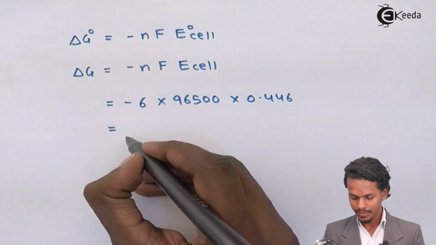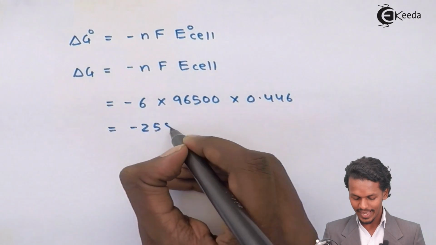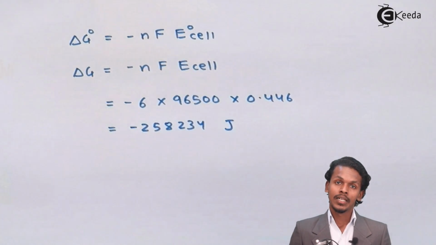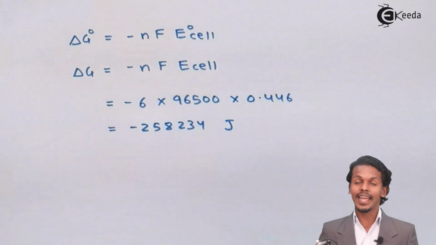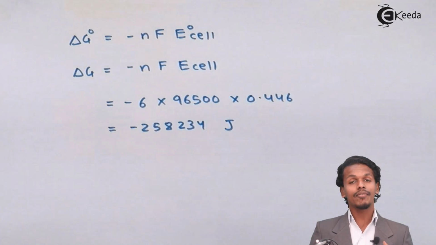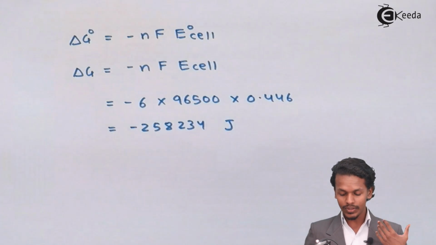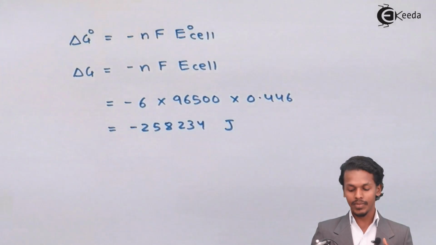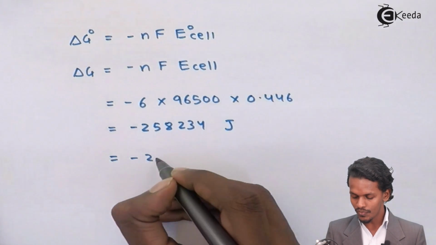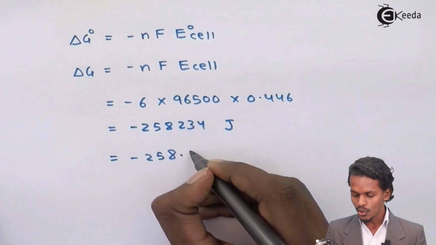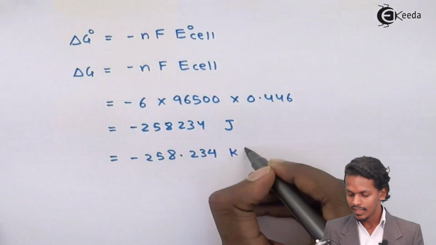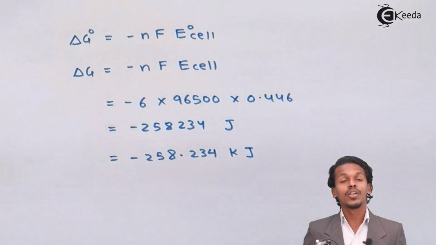So we have got a value of minus 258234. This will be in joules, because this is Gibbs free energy change. We could calculate in kilojoules also. When we mention this in kilojoules, we get a value of minus 258.234 kilojoules.